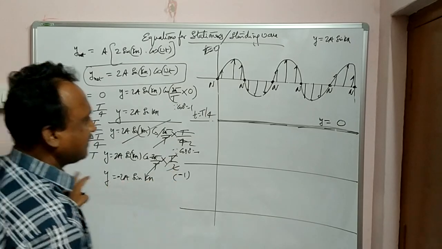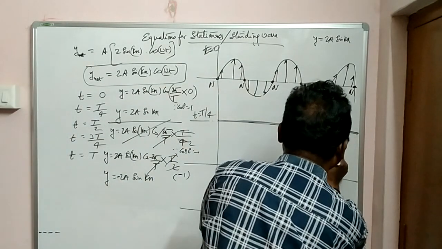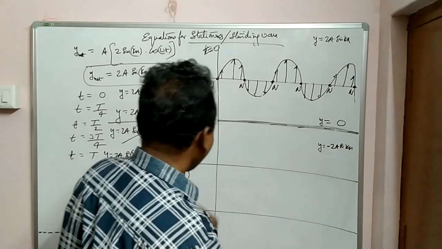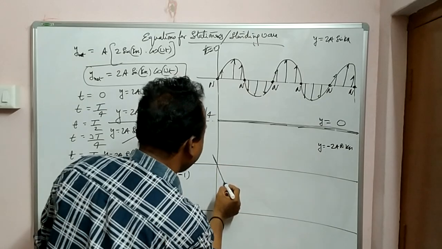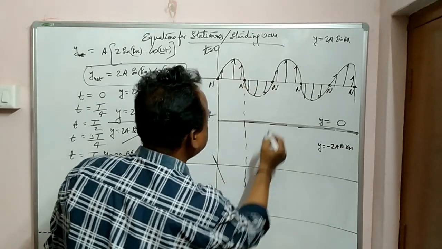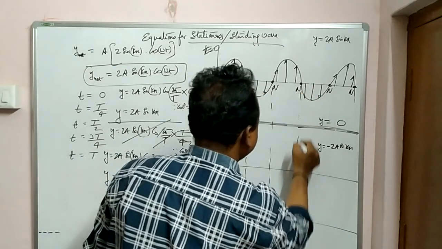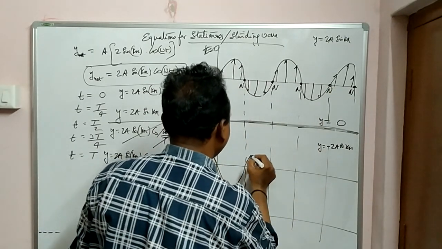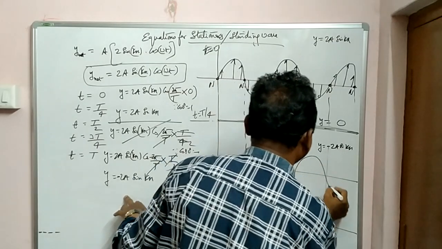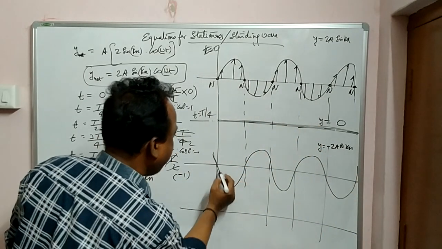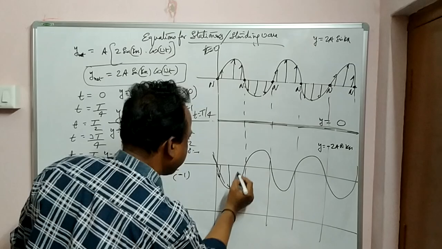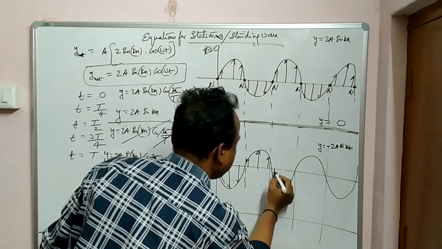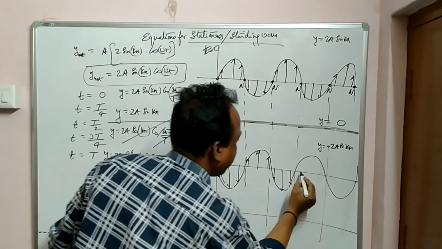So this graph is y is equal to minus 2a sin kx, so it will start from down. It will be starting like this. Now you can see the particles will be in this fashion. You can draw the graph very easily.